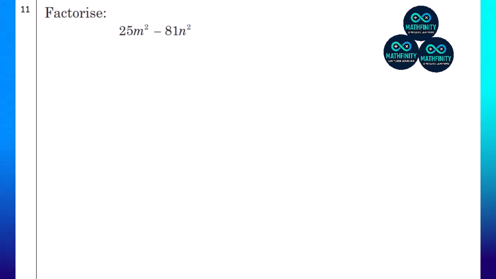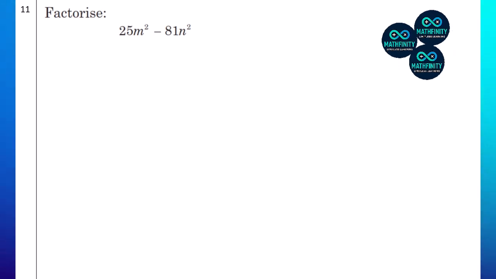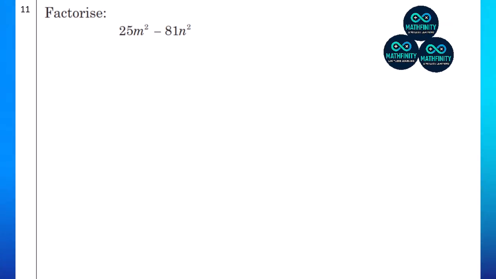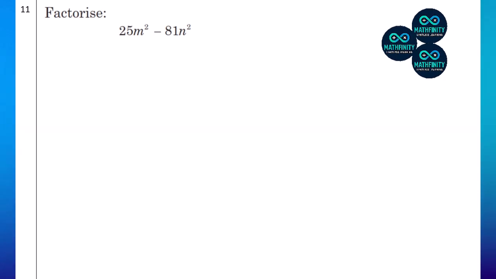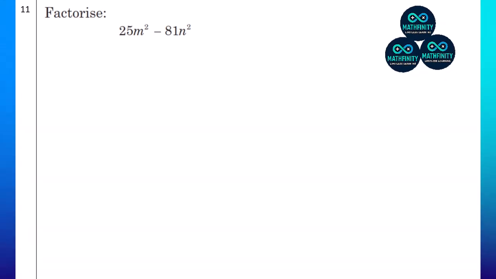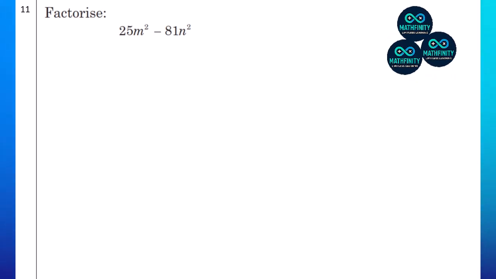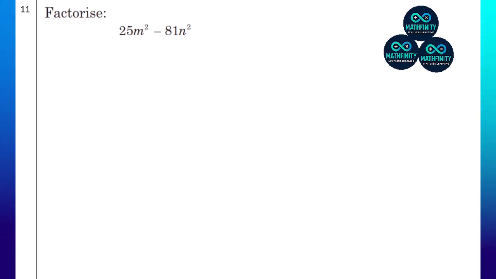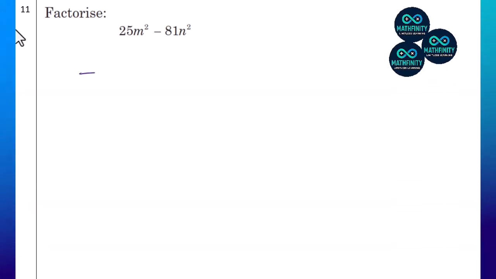Question number 11. Factorize 25m square minus 81n square. If you concentrate, both numbers 25 and 81 are not divisible by 2, by 3, by 5, or by any common number. So the numbers are not common, and the variables are also different, m and n. So we cannot take common. We will try to complete the squares.